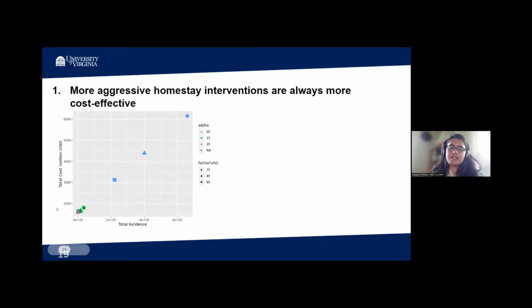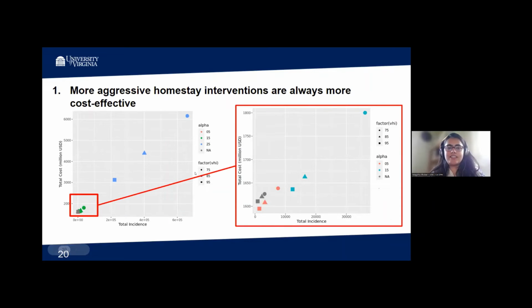What I would like to show is what's going on in here. What we can see is that the squares, which correspond to a really high compliance to stay-home interventions, are always going to be cheaper and more cost-effective. And this is when the transmission rate is preserved in the pre- and post-lockdown scenarios.